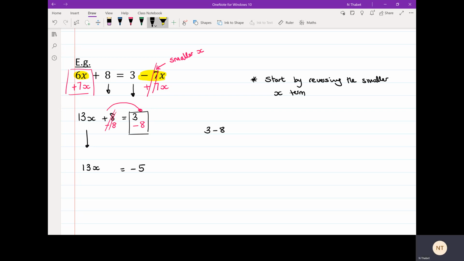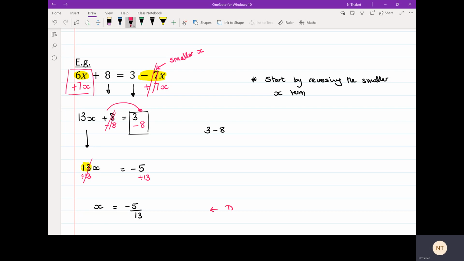And then I always divide by the coefficient of x, which is 13. So both sides are going to divide by 13. 13 divided by 13 gives us our 1x, our x. Negative 5 divided by 13 is negative 5/13th. And it is much better to leave your answer as a fraction.